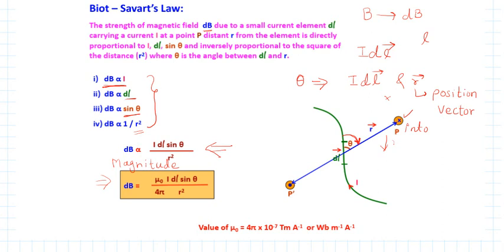On the other hand, if I look at this point P dash, going from dl bar to r bar, here is dl bar. From dl bar to r bar, when I curl the fingers of my right hand, where is the thumb pointing? The thumb is pointing in the upward direction. So that is pointing out of the plane of paper, and that we will represent with a dot.